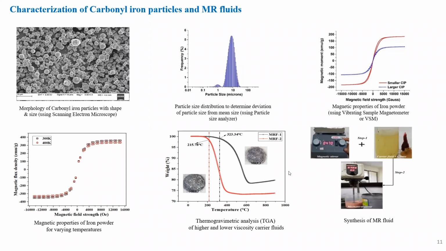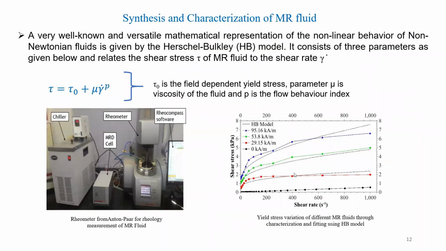This is a rheometer with the magnetic setup and the magnet. NIT Surathkal also has this rheometer, and this MRD cell is around 4 lakh rupees; we recently purchased it, and it is an add-on to the rheometer.